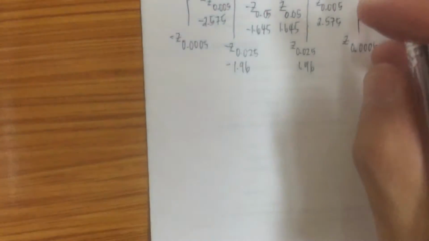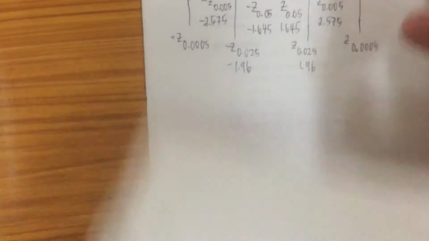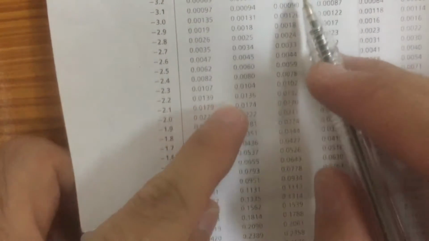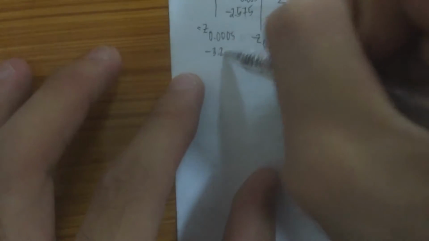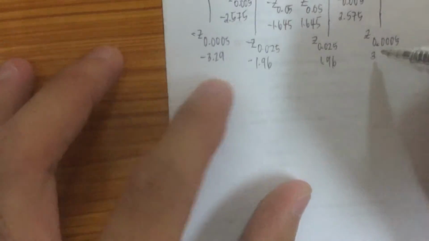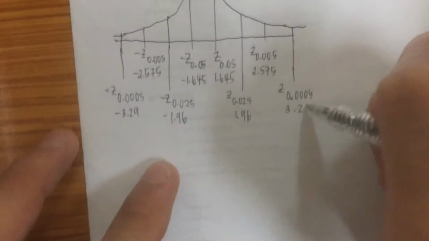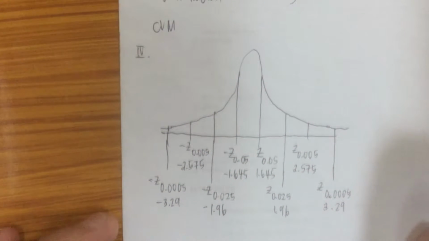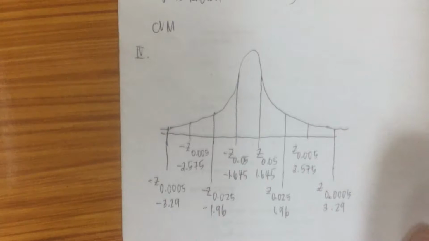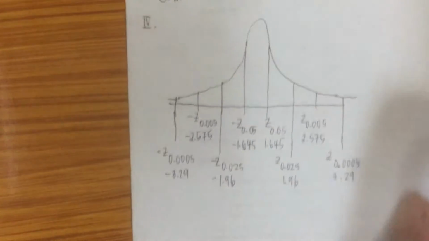So looking for these in the table, we will get the z-score, which is negative 3.29 for the left side, and then for the other side, that's 3.29. Okay, so these are the critical values for this test. So again, if the test statistic falls inside the rejection area, then reject the null hypothesis.